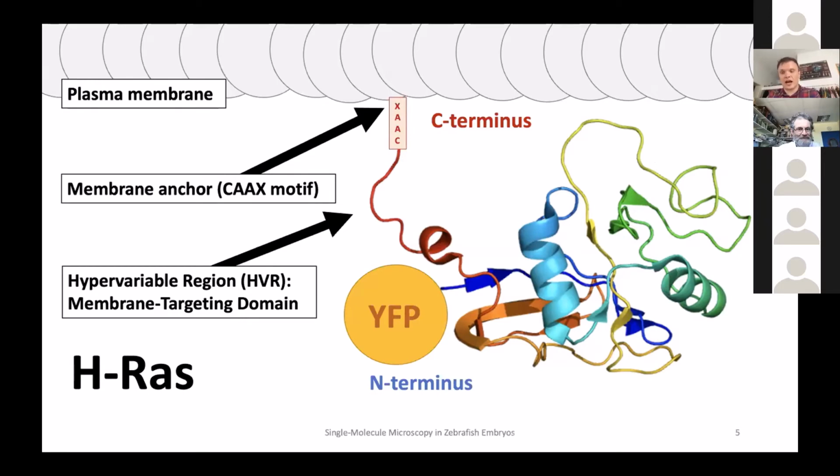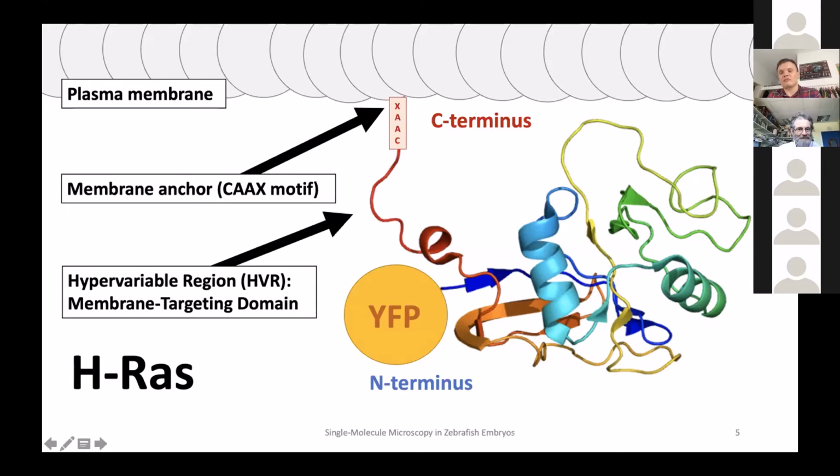There are a lot of isoforms of RAS proteins that differ mostly in the hypervariable region at the C-terminus of the protein, and the most carboxyl-terminal part consists of the anchor domain that is responsible for anchoring the protein at the inner side of the plasma membrane by post-translational modification and addition of lipids to the protein. At the N-terminus, as you can see, we have genetically fused the YFP protein, which we will be able to see under the single molecule microscopy setup.